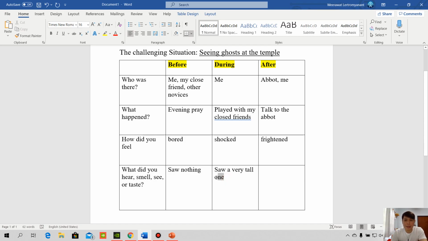I use the word one because I didn't know if it was him or her. I saw a very tall one without a face. Let's say tall and skinny instead, maybe like a ghost. I saw a very tall and skinny one without a face.